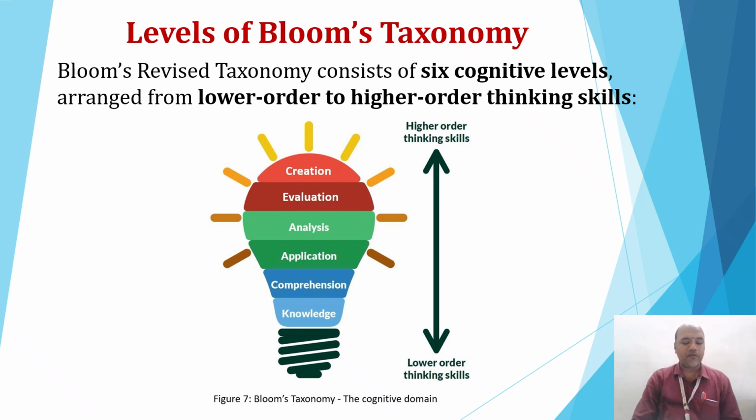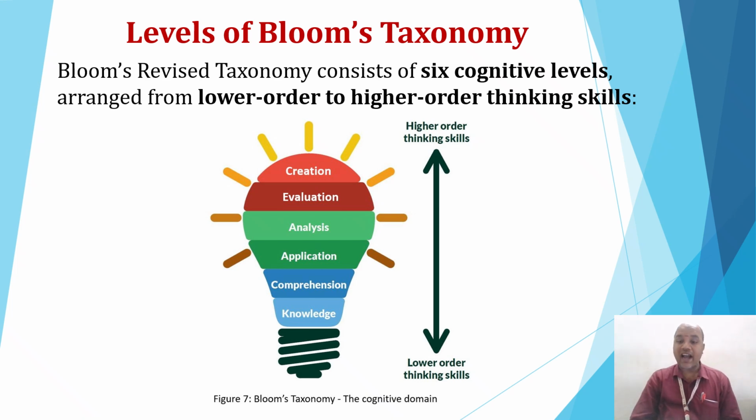So, a recap of Bloom's taxonomy. Level 1, remember. The thinking skill is recall, and the nature of learning is lower order. Level 2, understand. The thinking skill is explain. The nature of learning is lower order. Level 3, apply. The thinking skill is use. The nature of learning is middle order.